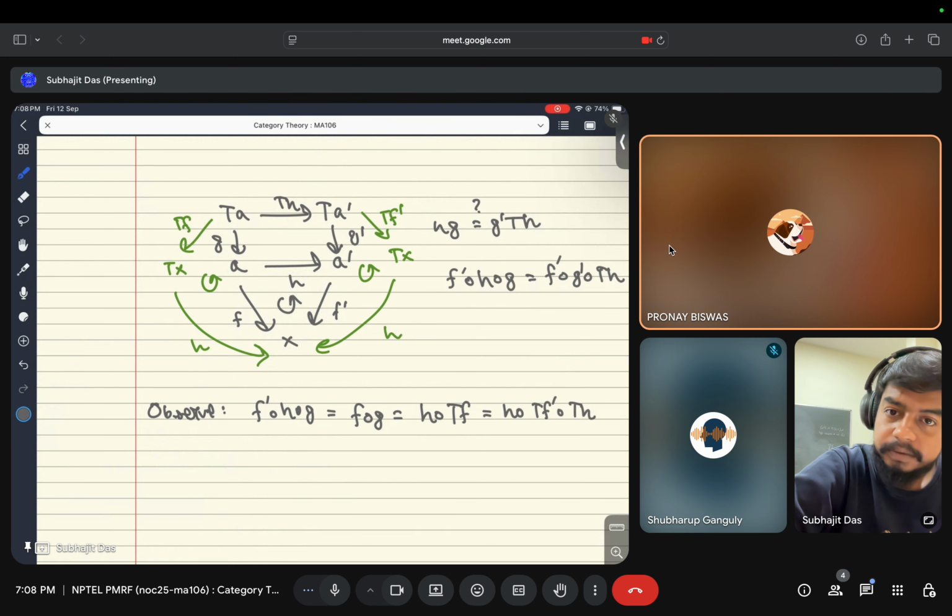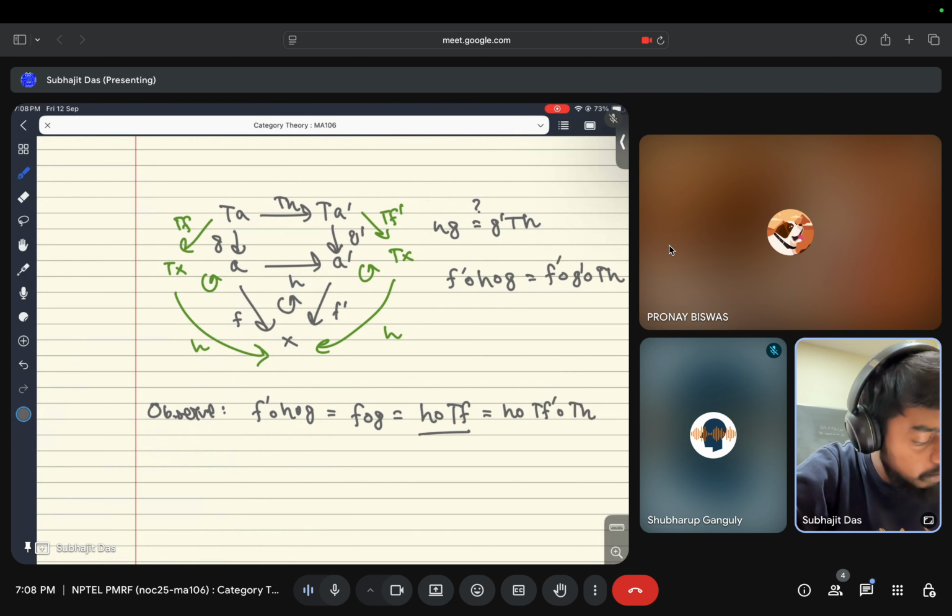What tells you that this is equal to this?